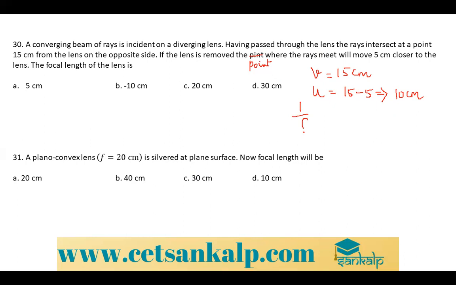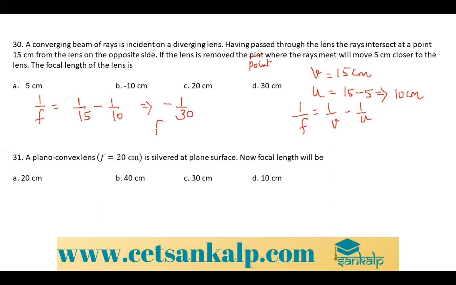So formula 1 by f is equal to 1 by v minus 1 by u. So ಅವಾಗ 1 by 15 minus 1 by 10, that is nothing but 1 by f. So minus 1 by 30.